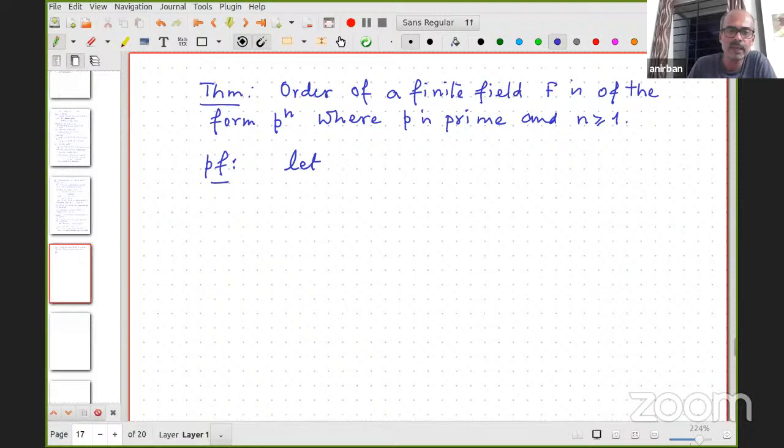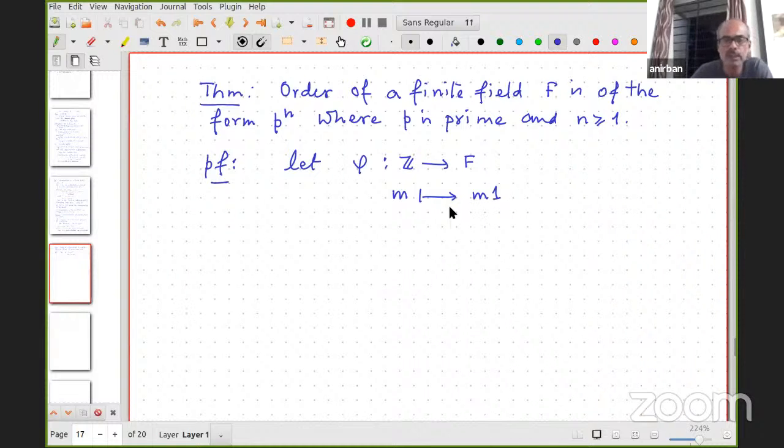Let's define a map from the integers to the field by sending an integer m to the thing we have already defined, which is just the addition of 1 m times.